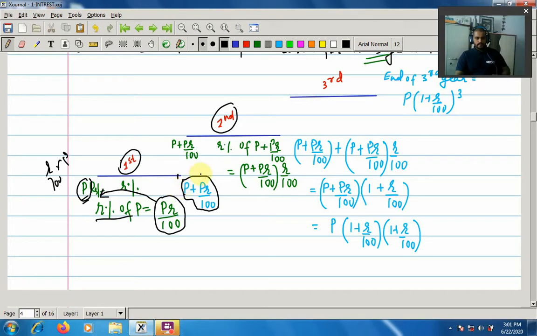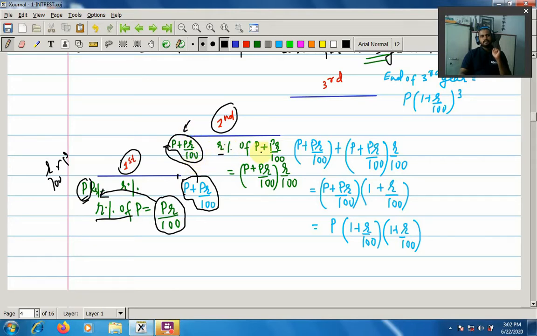So this amount will act as principal sum for the beginning of second year. So this is my principal sum for second year.